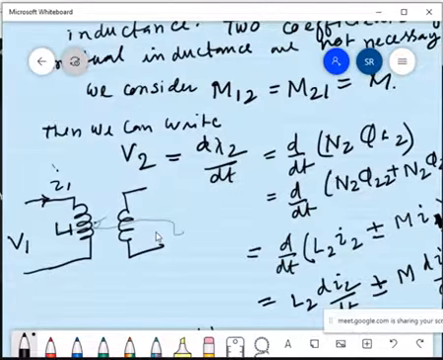This voltage is the sum of the EMF induced in coil 1 and the mutual inductance due to coil 2.